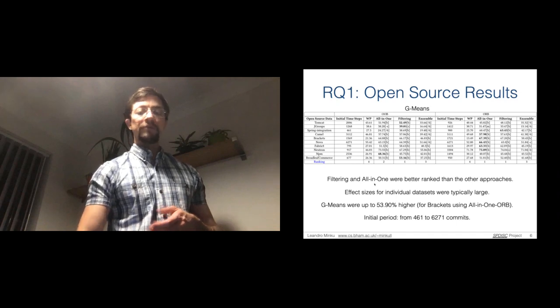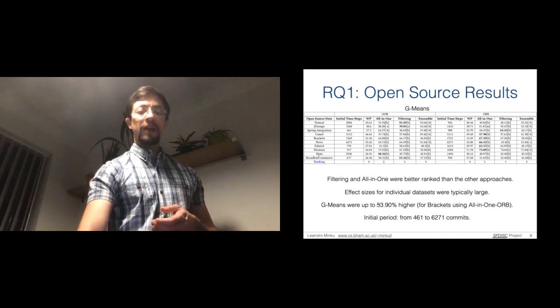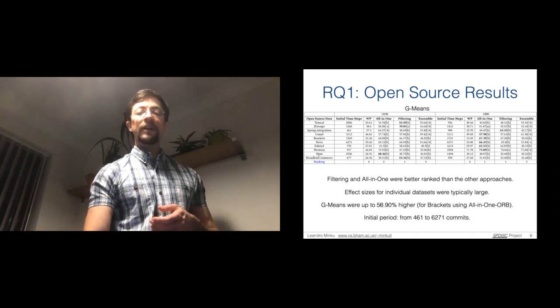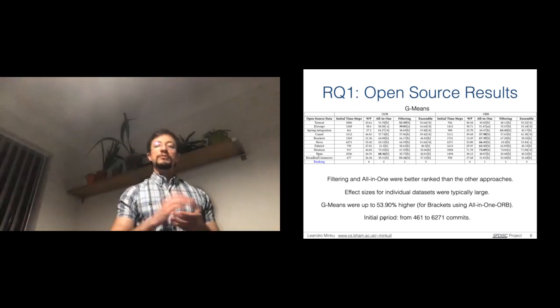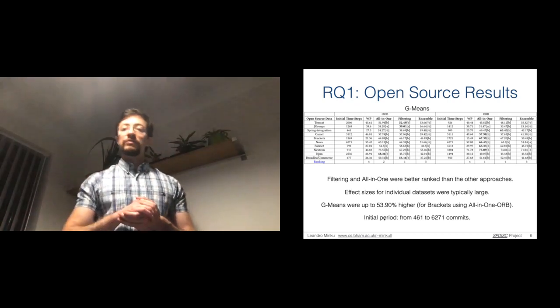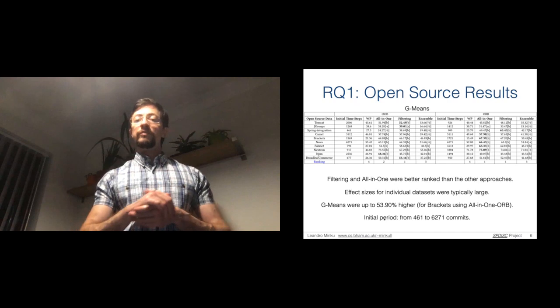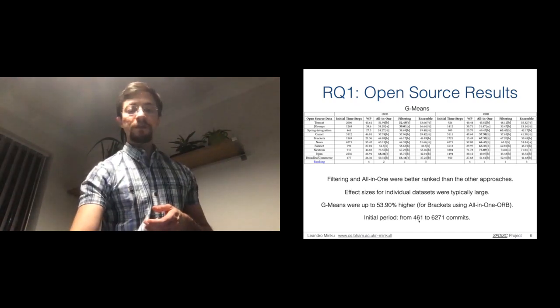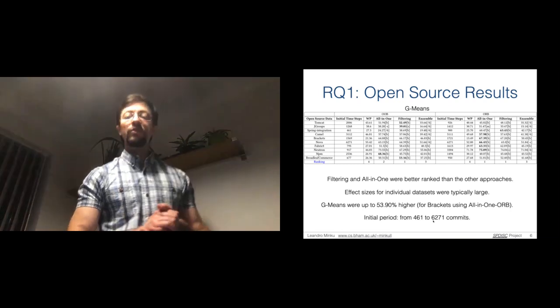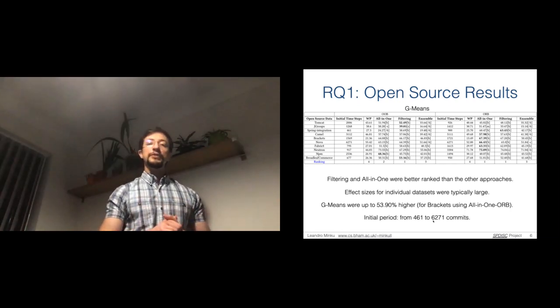The effect sizes were typically large, and the G-means were up to 53.9% higher when using the cross-project approach. This initial period where there is little within-project training data to lead to well-performing within-project models lasted between 461 and more than 6,000 commits, so it's a significant period of time.